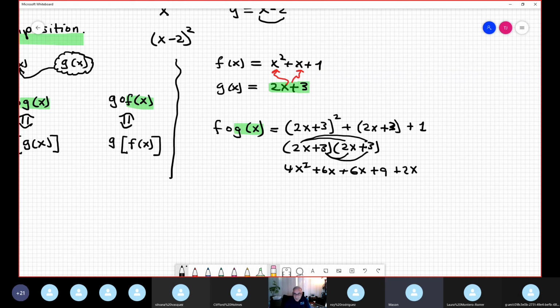Plus 2x plus 3, because I remove that parenthesis, because the number here is an invisible 1, plus 1. Leave it like that? No. You combine like this: 4x squared plus 14x. Where does 14 come from? 6 plus 6 is 12, plus 2 is 14. Plus 13. Where does 13 come from? It's 9 plus 3 plus 1. Boom. Final composition.